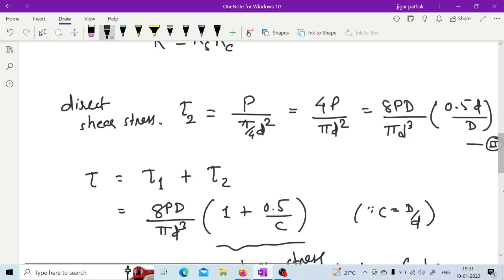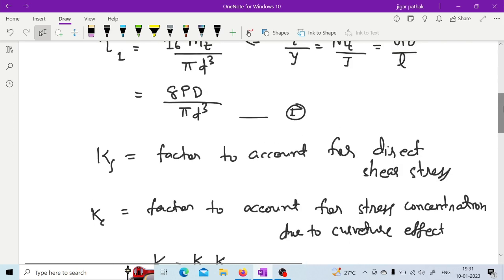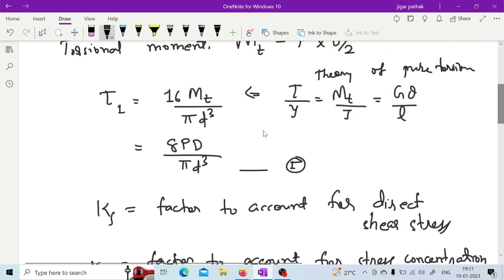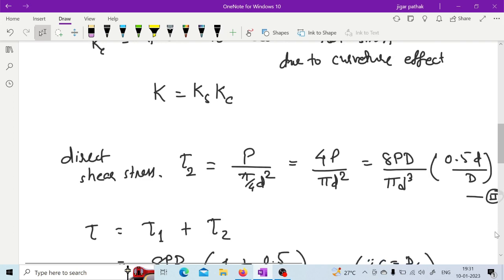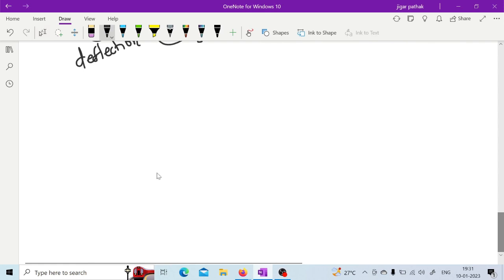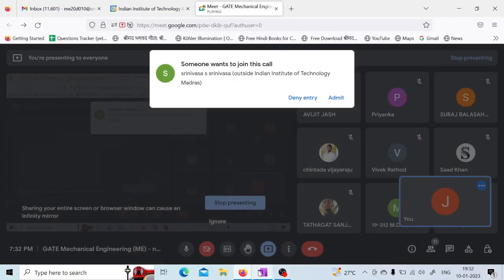And as you know from this theory of pure torsion, here you can have relation between this theta and stress, right? So from that you will be able to calculate theta first. So if we go and calculate the theta first, then theta is nothing but this Mt into L divided by G into J, right?